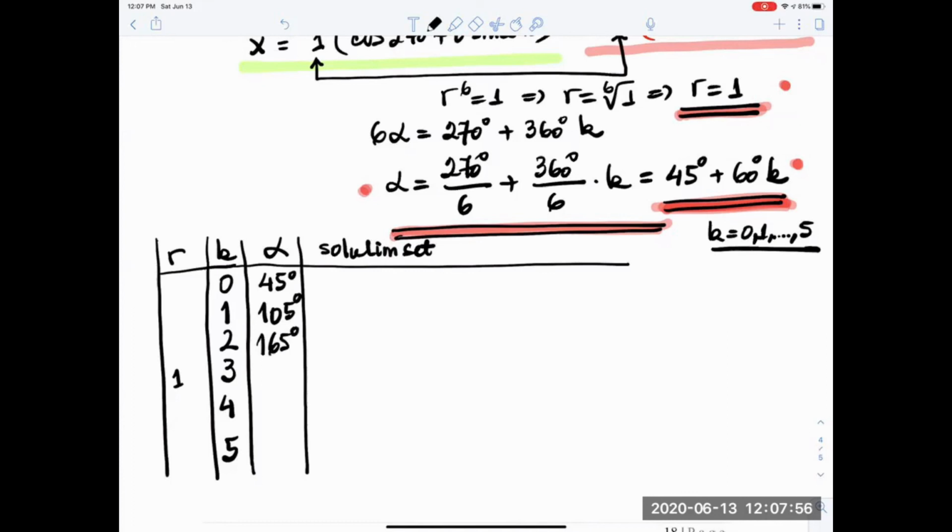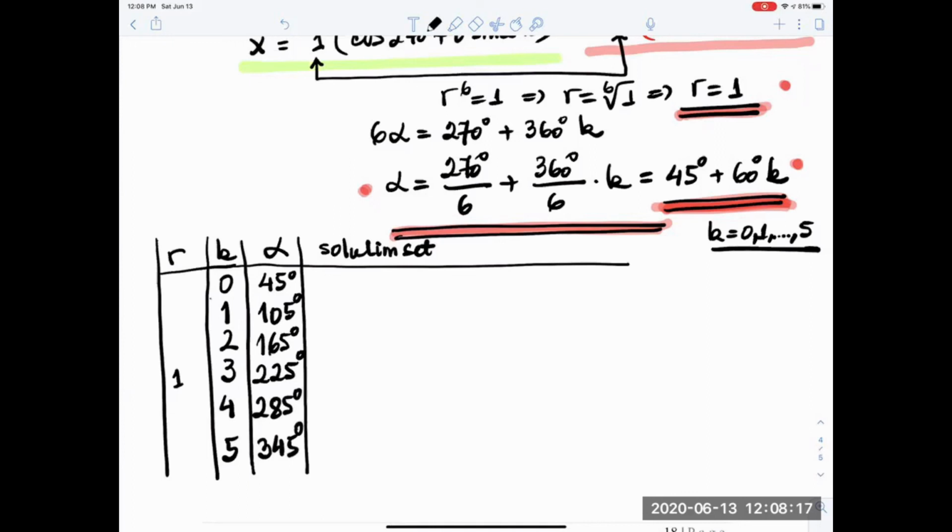Okay, k is 3, then we get 225. K is 4, 285. Finally, k is 5, 345.